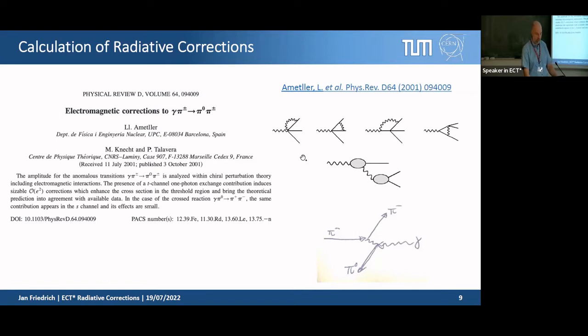And of course, for our process, we have to flip over one of the charged pions. So I translate this here into the experimenter's view. You have a pion and a photon colliding, so you have to flip over one of these arms, and then you have a photon in the exchange.